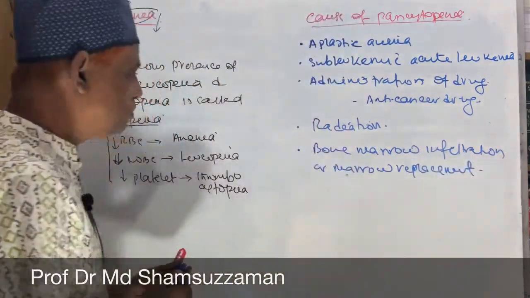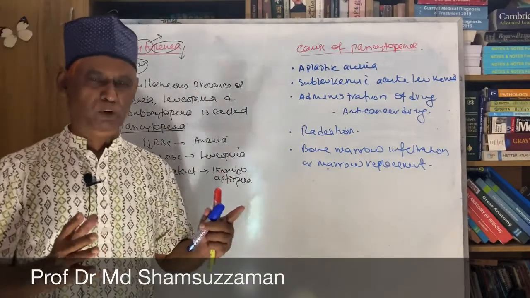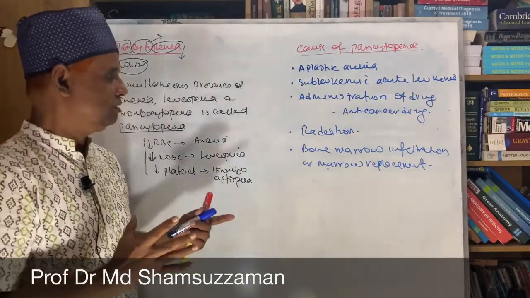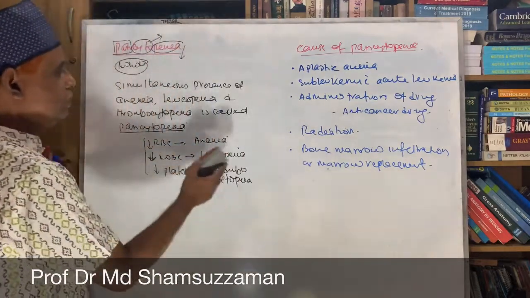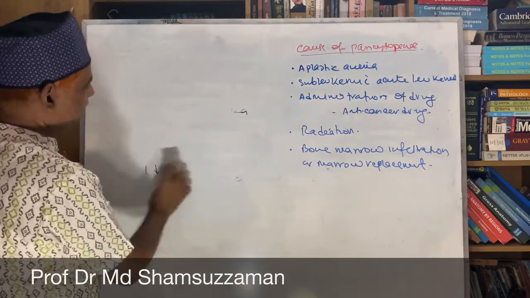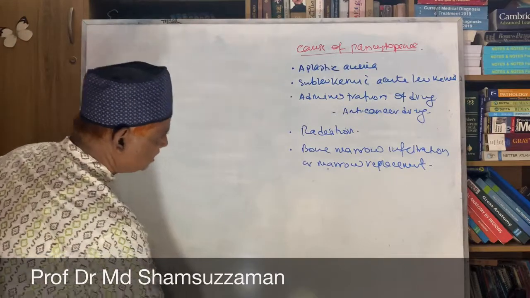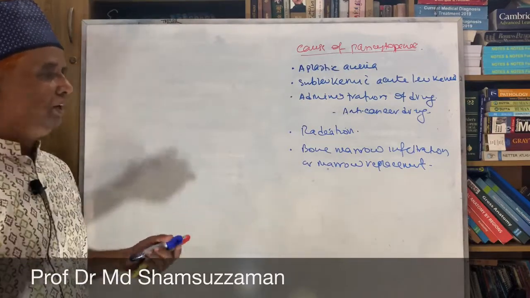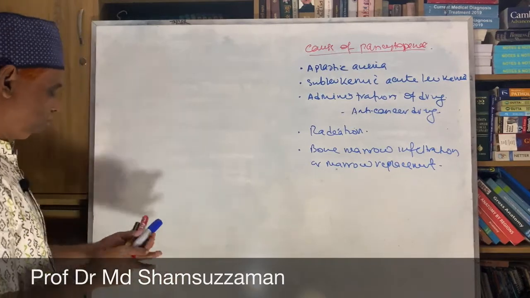Dear audience, I have told you marrow is composed of half marrow element, that is hemopoietic element, and half fat cells. If marrow is infiltrated or replaced, then there will be decreased RBC production, decreased WBC production and decreased platelet production. So there will be pancytopenia.